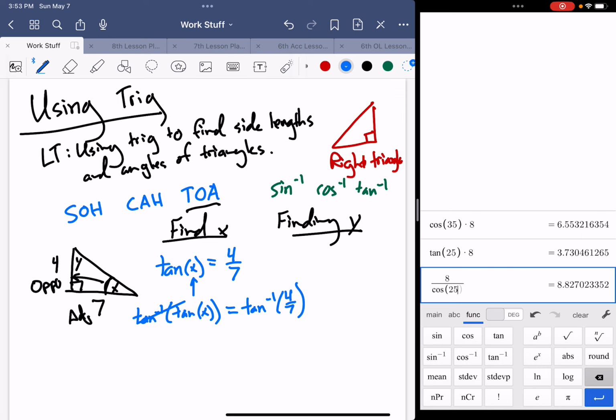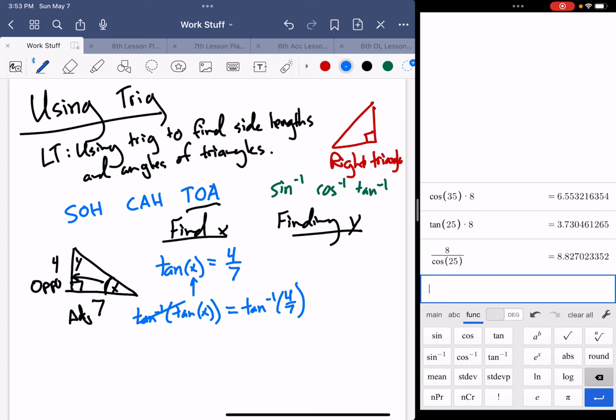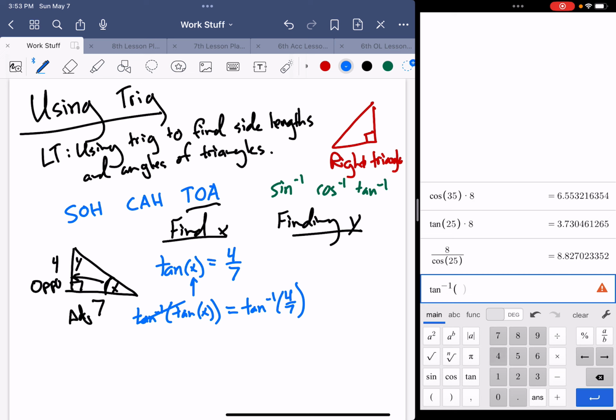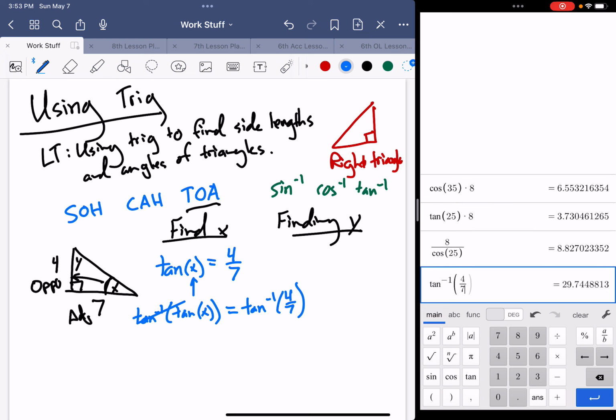That's what I'm going to use to determine my angle. So if I go tan inverse, back to the main, 4 divided by 7, that means that x roughly equals 29.74 degrees. And so that's how I use trig to find a missing angle.